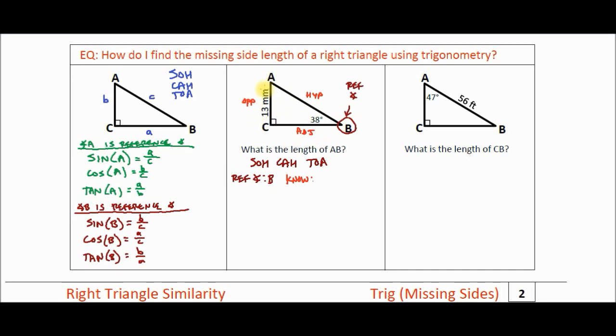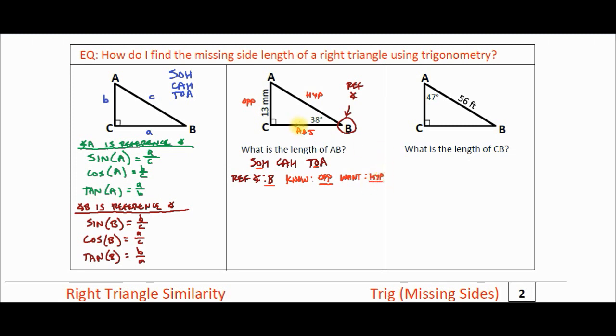So look, class, we know the length of AC, and that means we know the opposite side of angle B. Let's underline O for opposite. Now, what do we want? Angle B, we know opposite. What side do we want? We want side AB. That is the hypotenuse.